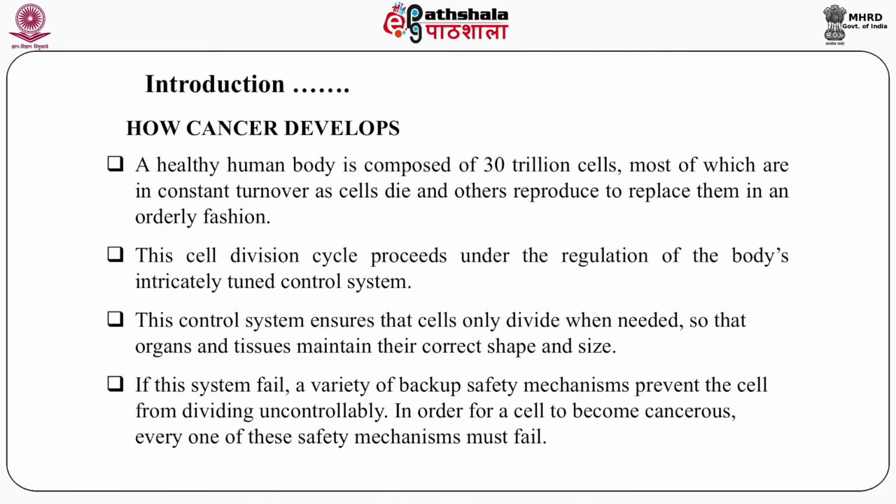This control system ensures that cells only divide when needed, so that organs and tissues maintain their correct shape and size. If this system fails, a variety of backup safety mechanisms prevent the cell from dividing uncontrollably. In order for a cell to become cancerous, every one of these safety mechanisms must fail.